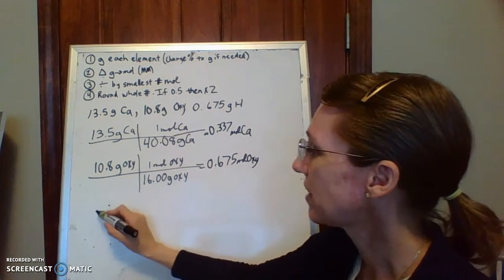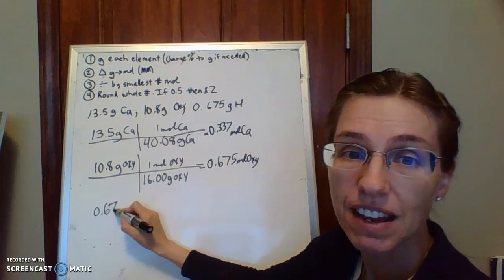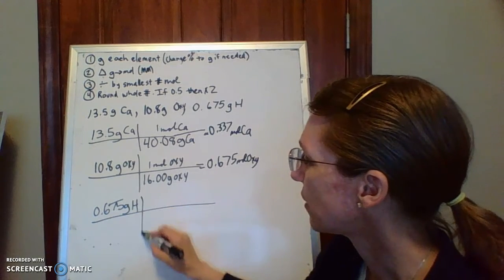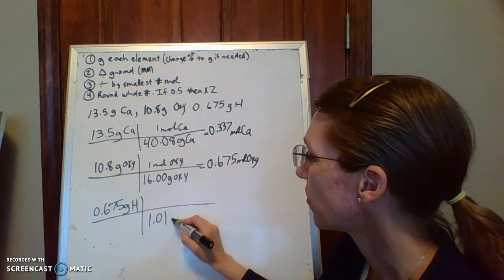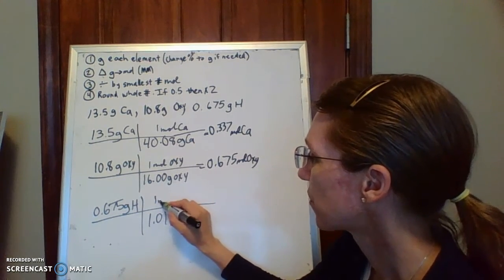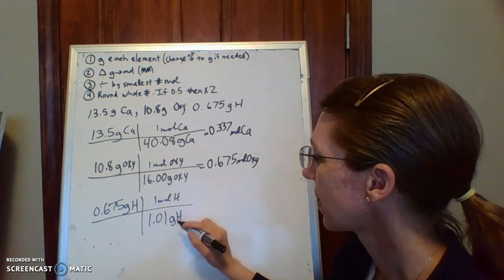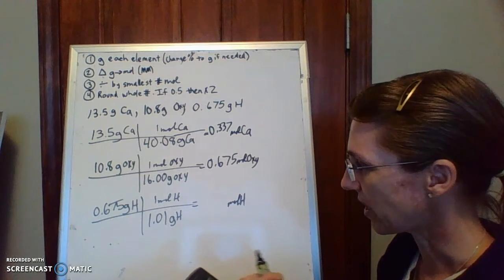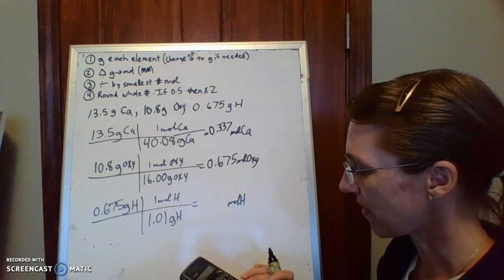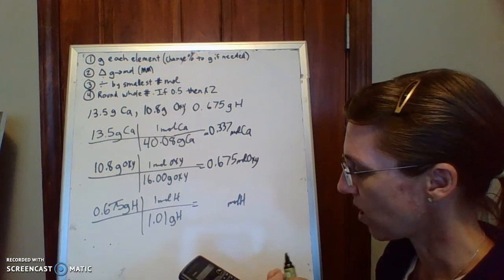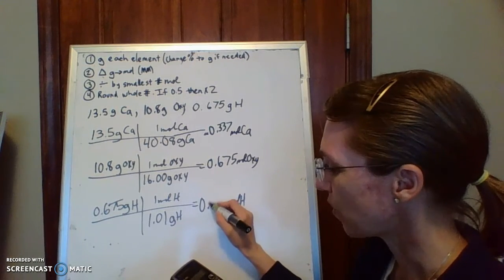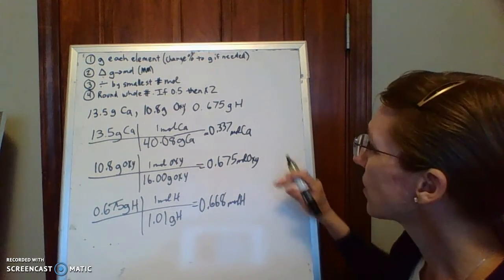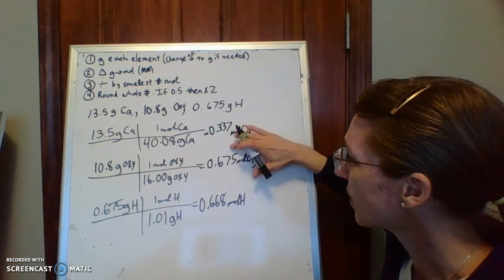And we've got a final one, 0.675 grams of hydrogen. And we're going to do the molar mass of hydrogen, 1.01 grams of hydrogen per mole of hydrogen. And so we end up with moles of hydrogen. Let's go ahead and do that. 0.675 divided by 1.01 equals 0.668 moles of hydrogen.